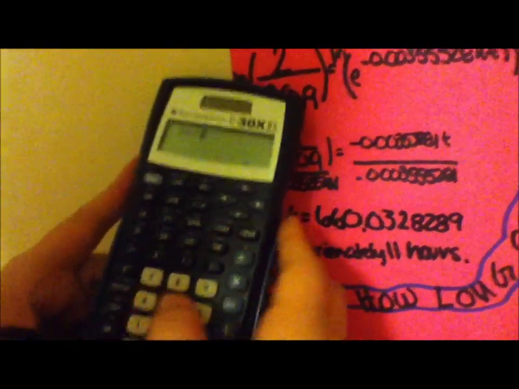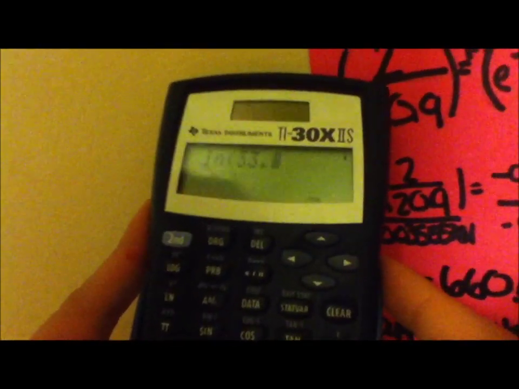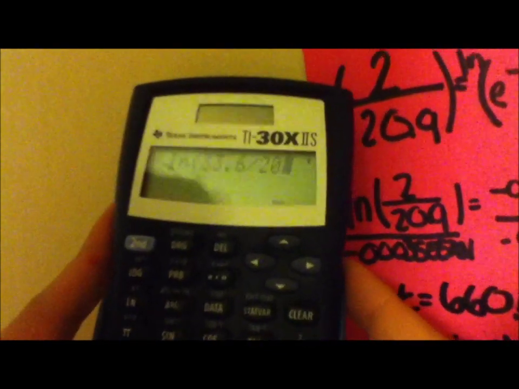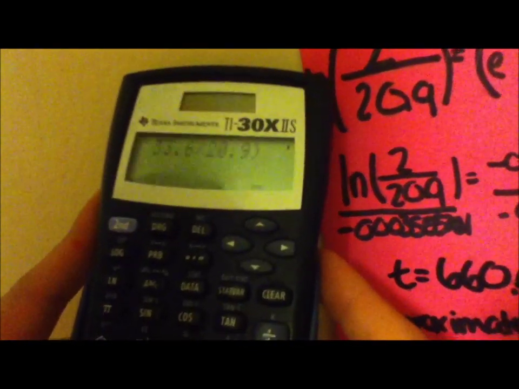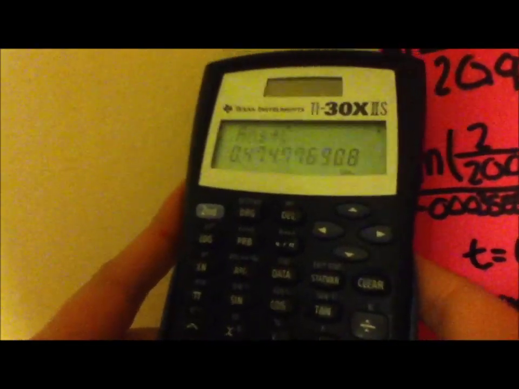And finally, you know what time it is again. It's time for the calculator. So you take the natural log of 33.6 divided by 20.9, which equals, store it as c.